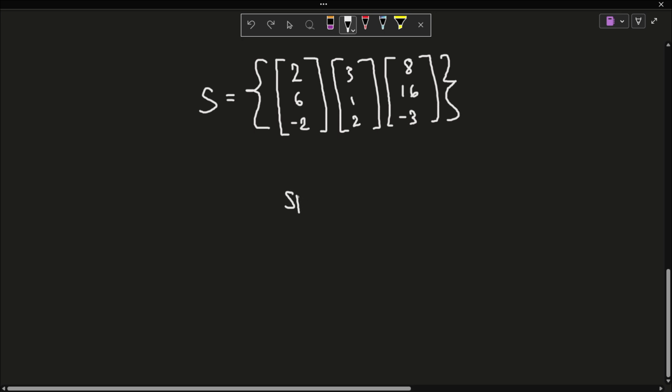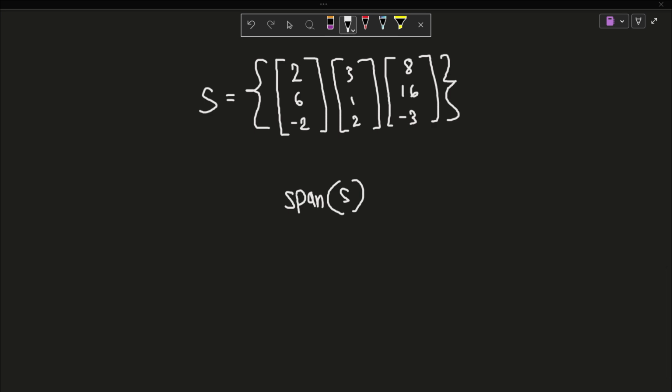So if we take the span of S, well, we need to find the basis for whatever it is that these 3 vectors span. And so this is a bit of an annoying task to do, so we're going to use matrices here that are going to simplify our process.